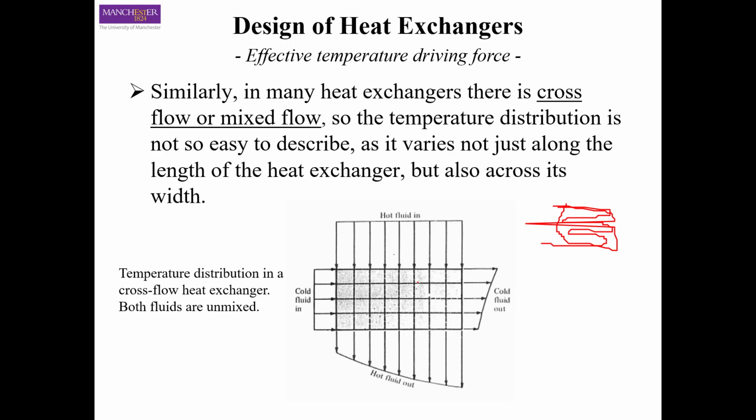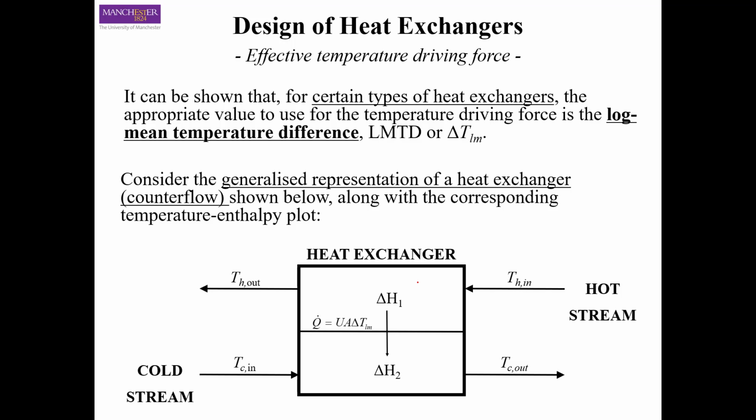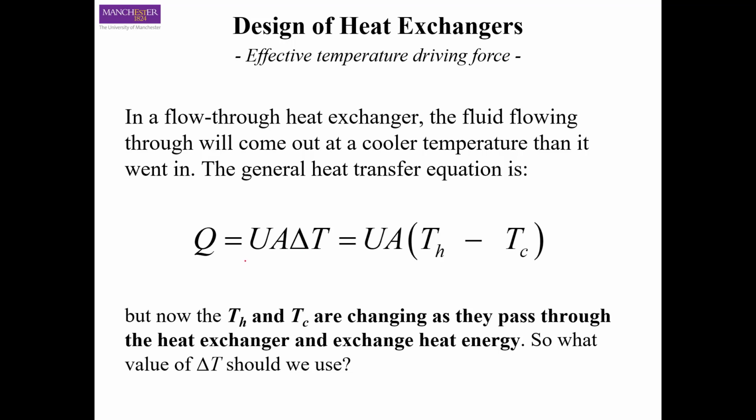One way to calculate the driving force is by using what we call LMTD. So what is this LMTD? It comes from this equation here. We know that when we are talking about heat exchange across a surface, we use the equation Q is equal to UA delta T, where Q is the rate of heat transfer, U is the clean or actual overall heat transfer coefficient, A is the surface area, and delta T is the temperature difference between 2 points.